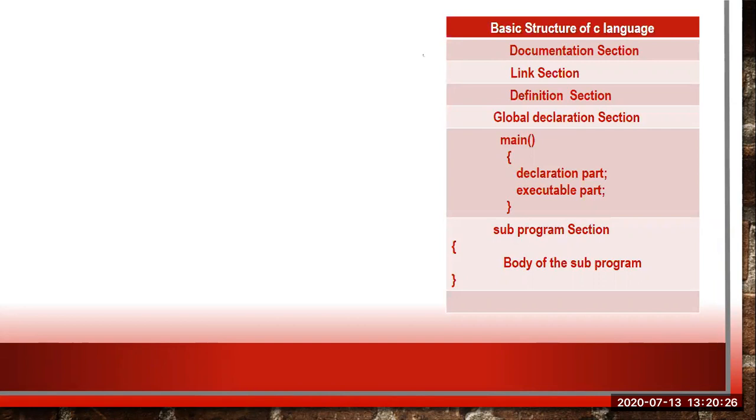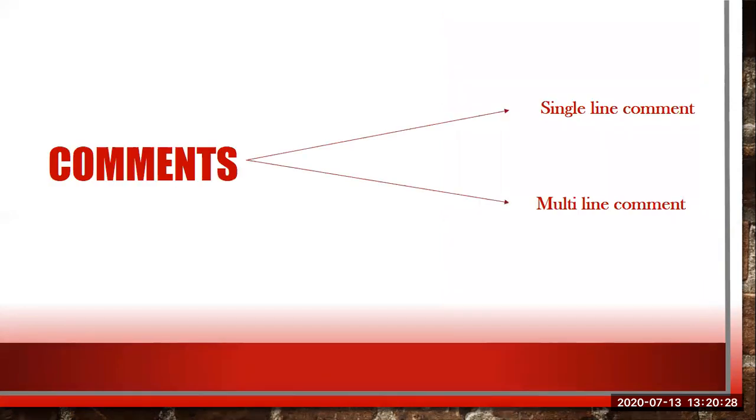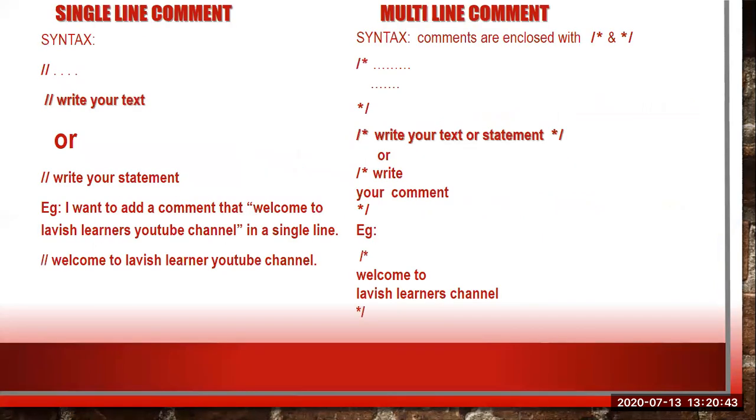Comments are of 2 types: single line comment and multi-line comment. To write them, you need to follow a proper syntax. Let's discuss these in detail. Firstly, the single line comment.